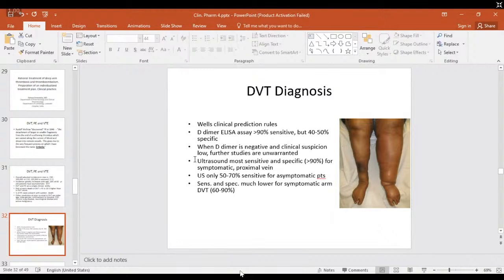Another very important test is the ultrasound. So using Doppler ultrasound to look at the deep veins of the lower legs is again a very sensitive and specific method to diagnose this patient. And if the D-dimer is negative, and if the ultrasound doesn't show any signs of DVT, then really the diagnosis becomes very improbable.